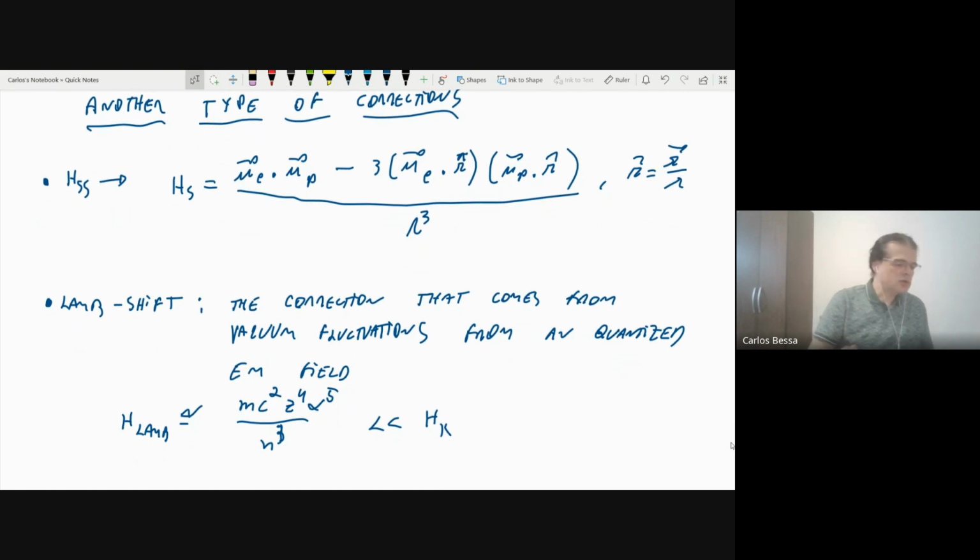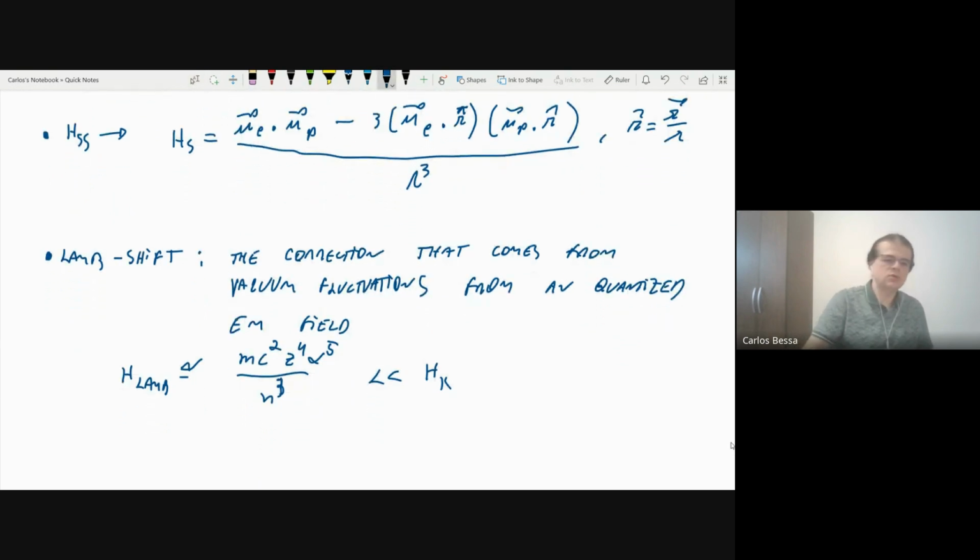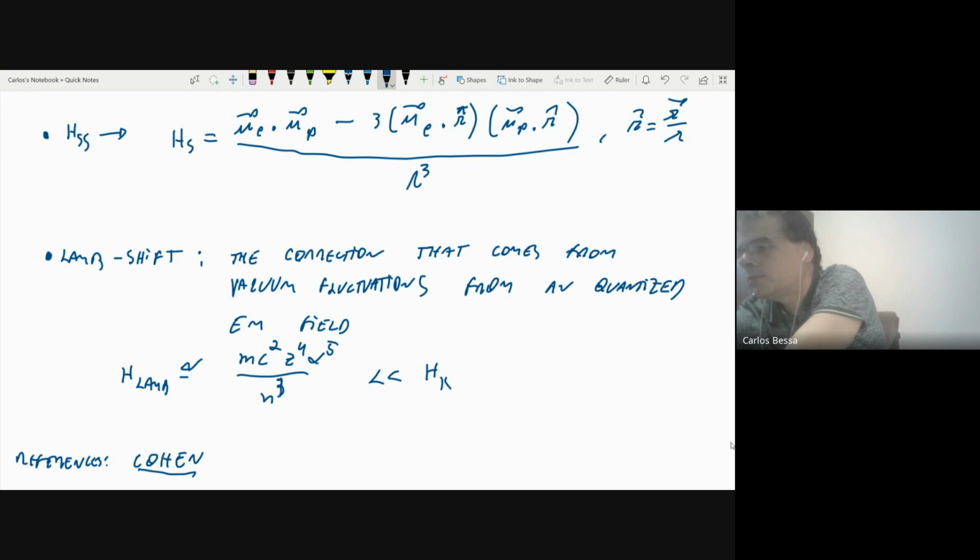So, okay, if you want to see details about this type of energy correction, see the Cohen references. Cohen, I thought I had put the page here, but not Cohen. So the Cohen that we are using to show, but there is another. Oh, let me see here. Especially this relativistic type of effects.